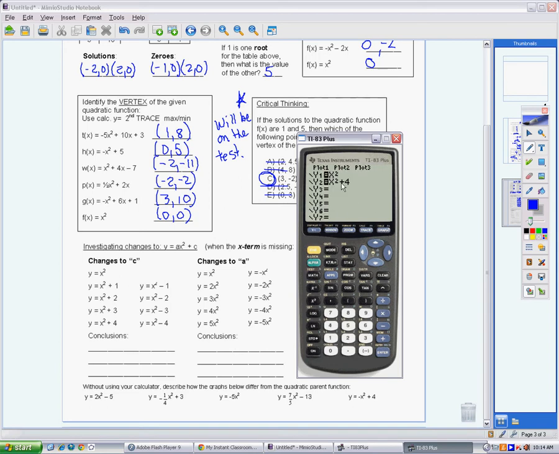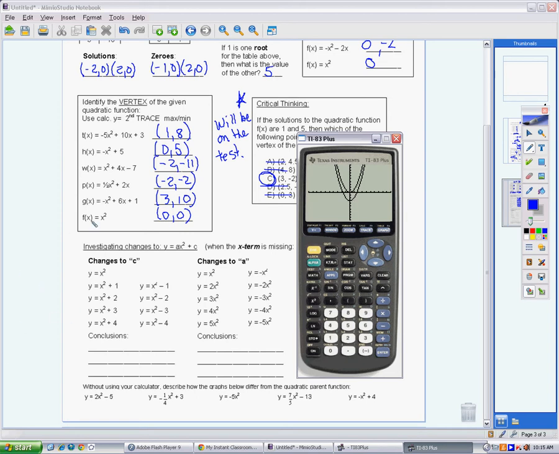What do you think is going to happen if I change my sign and go negative instead of positive? Oh, it went down 4 units. Well, here's minus 3. It went down 3 units.